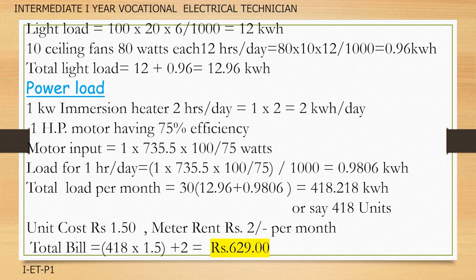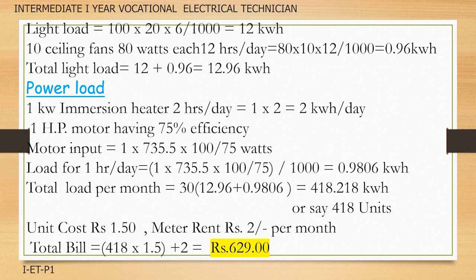Motor input is equal to 1 into 735.5 into 100 by 75. Load for 1 hour per day is equal to 1 into 735.5 into 100 by 75 by 1000, which is 0.9806 kilowatt hours.